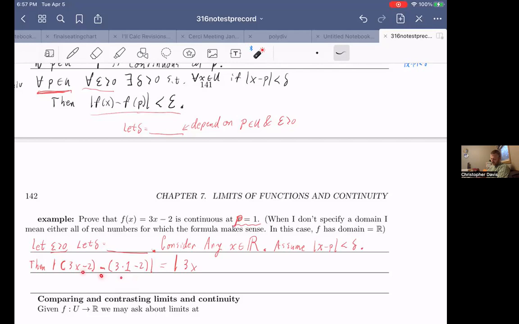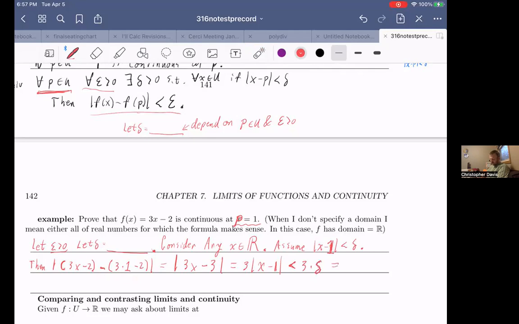Negative 2 minus 1 is equal to 3 times the absolute value of x minus 1. But I got to assume that the absolute value of x minus 1 is less than delta. That's less than 3 times delta.